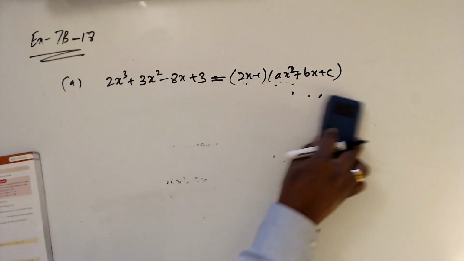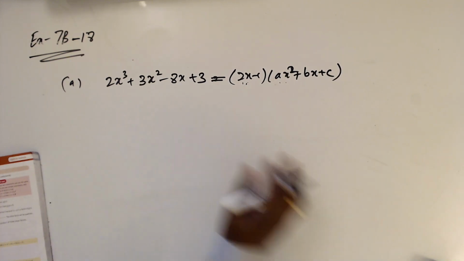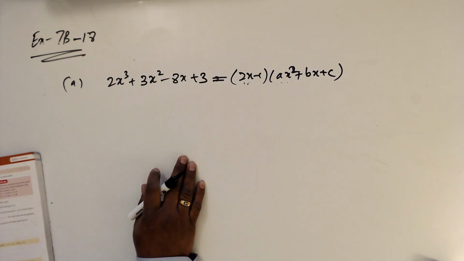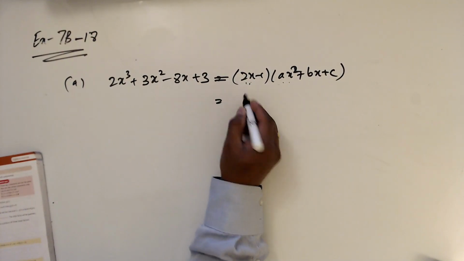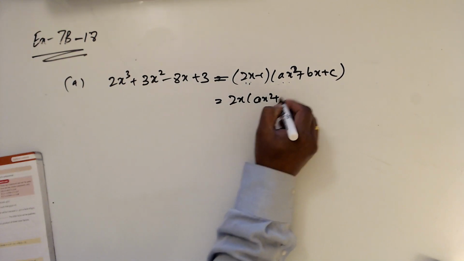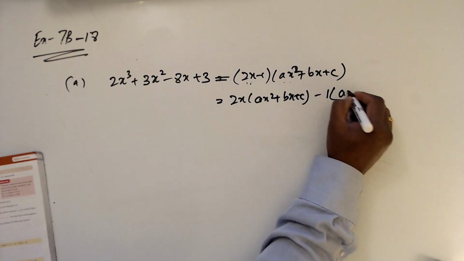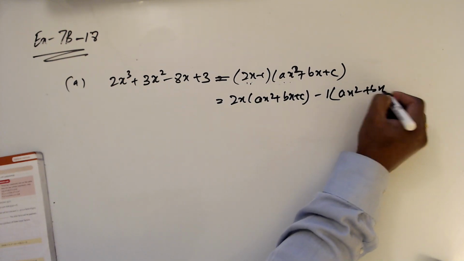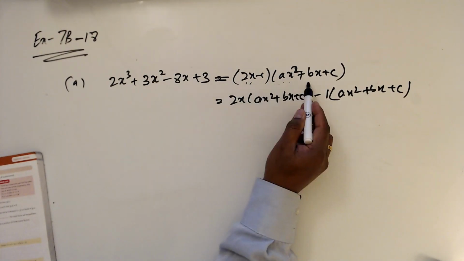There's another method to find a, b, c. I will just show you, equating the coefficients. For that, I have to simplify this side. So 2x times ax square plus bx plus c, and minus 1 times ax square plus bx plus c. I'm going to expand this.